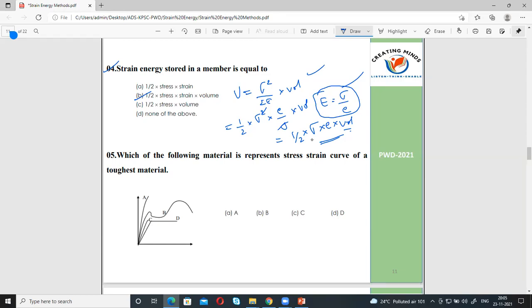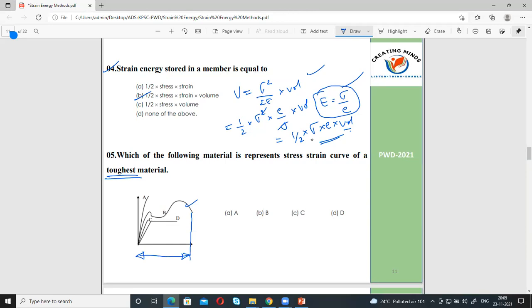Which of the following stress strain curves represents the toughest material? Very good question, very smart and simple. Which graph? B. Why B? What is meant by toughness? It is the area under the curve, up to the fracture point. This is the energy for toughness.